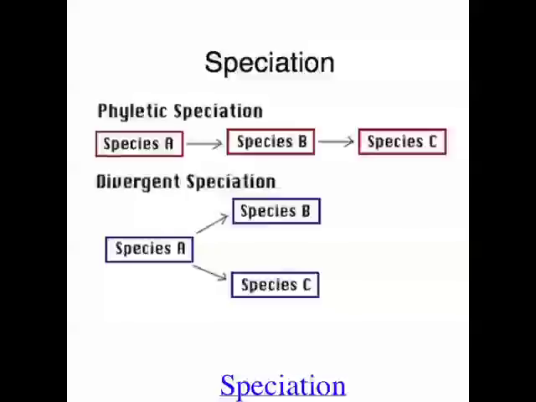Now, this often happens when one species is split geographically, and particularly if one half of that species is in a new environment. The environmental pressures might be different, and therefore, they'll evolve differently to eventually form, over a long period of time, two different species. So speciation is the process of forming new species, and that's either phyletic evolution or branching evolution.